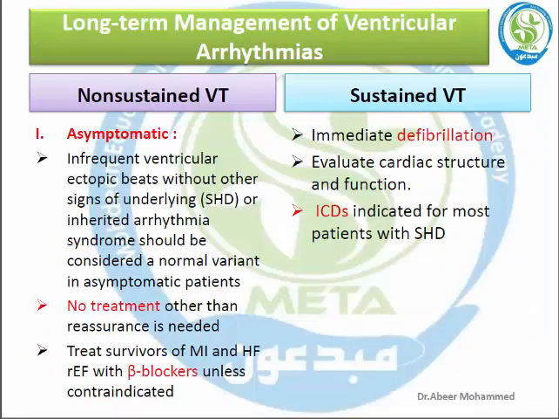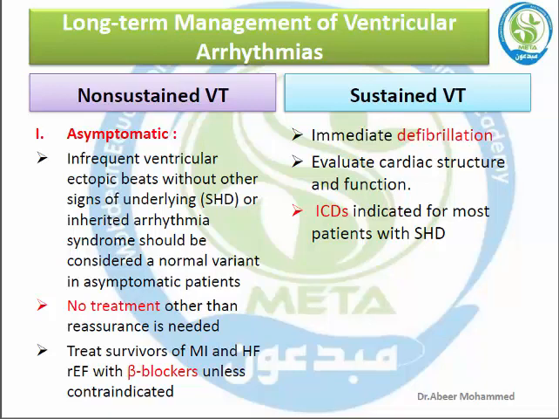Regarding the long-term management of ventricular arrhythmia after we get the patient out of the acute stage, it may be non-sustained VT or sustained VT. Non-sustained means the patient gets VT that is not continuous.